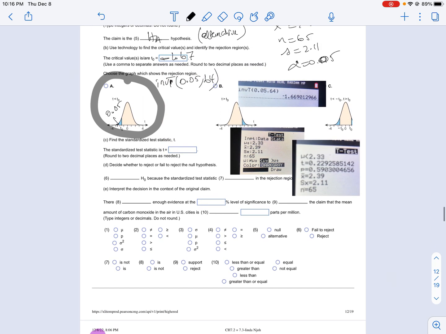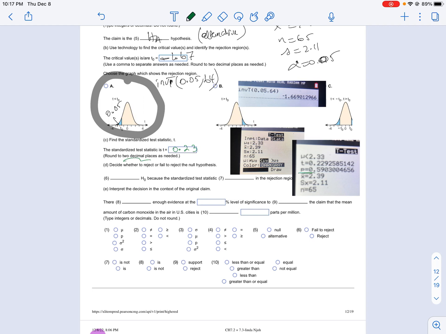All right, so the t-test is t-stat, round to 2 decimal places, 0.23. Decide whether to reject or fail to reject the null. I'm going to fail to reject the null. Why? Look at the p-value, it's big.